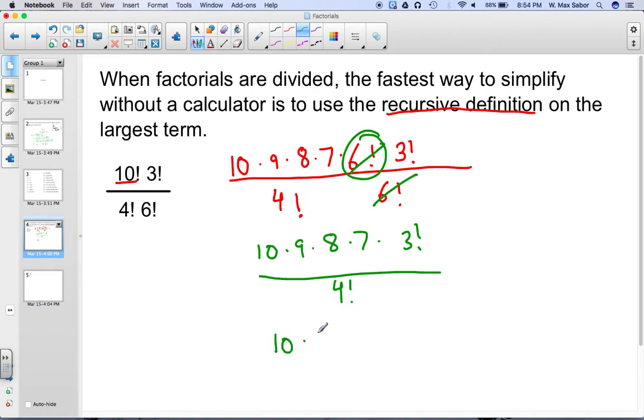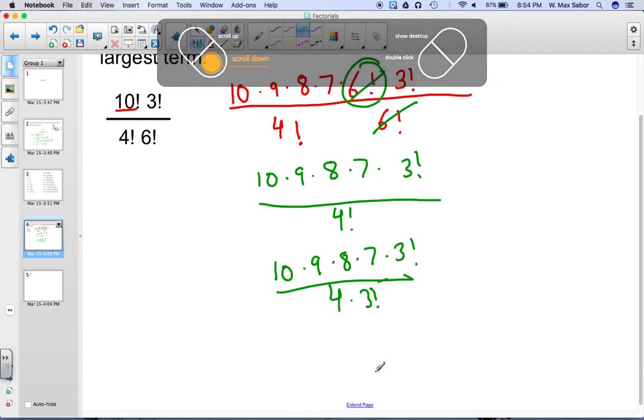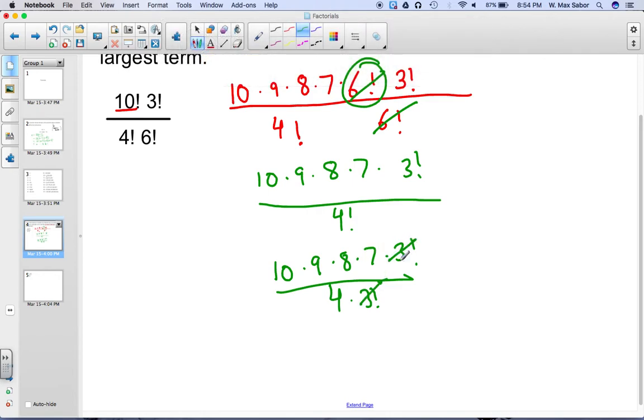So we can do this as 10 times 9 times 8 times 7 times 3 factorial over 4 times 3 factorial. And the 3 factorials can cancel, leaving us with 10 times 9 times 8 times 7. And now there's far less arithmetic to do.